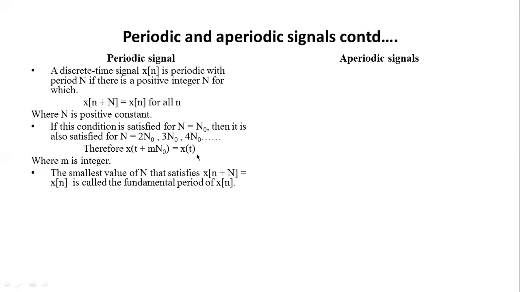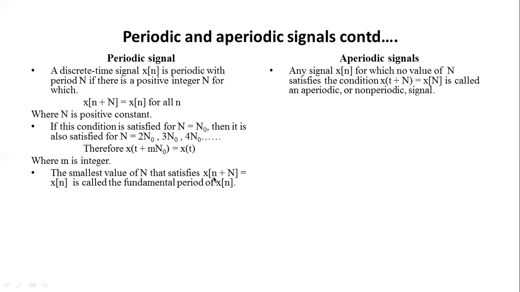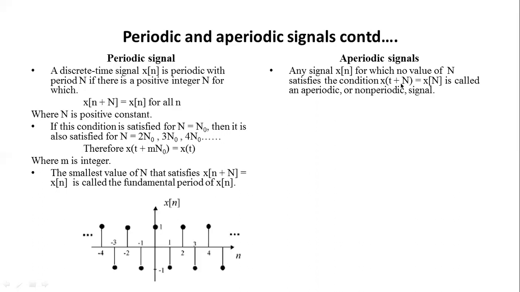Therefore we can write this equation x[n + mN naught] equals x[n], where m is an integer. Here again we have a concept called fundamental time period, which is the minimum value of the time period. An aperiodic signal doesn't satisfy this criteria.